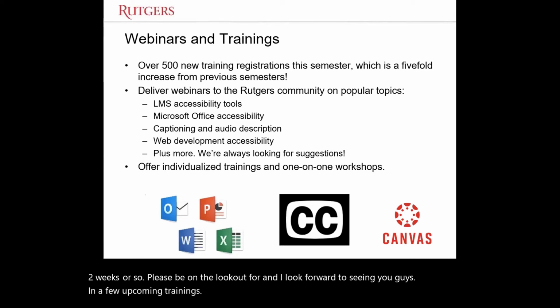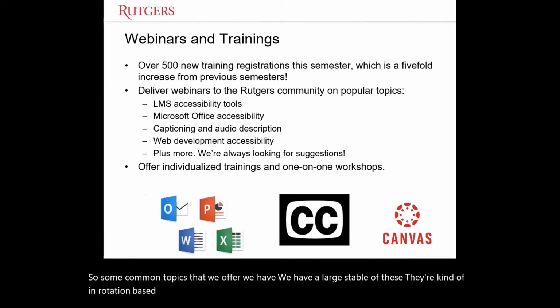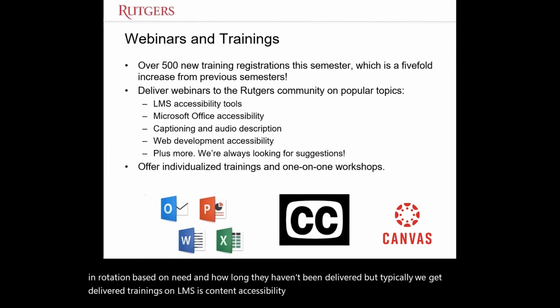So some common topics that we offer, we have a large stable of these. They're kind of in rotation based on need and how long they haven't been delivered. But typically we deliver trainings on LMSs, content accessibility, so accessibility of like Microsoft Word documents, PDFs.